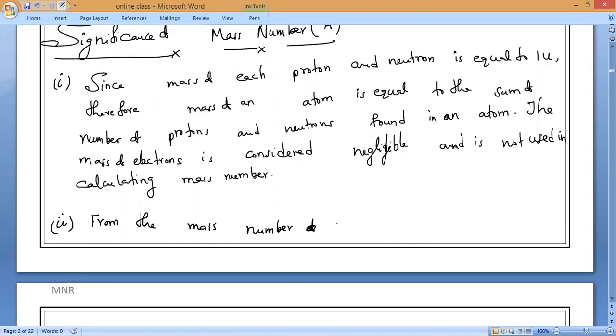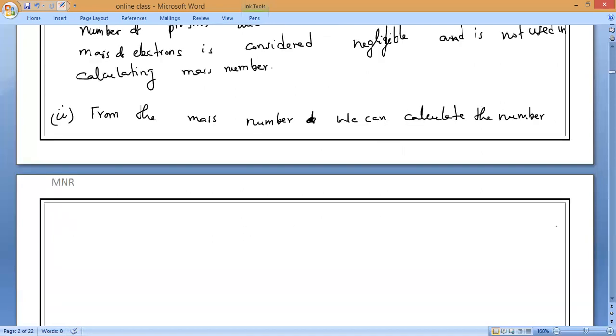From the mass number, we can calculate the number of protons and neutrons present in an atom.